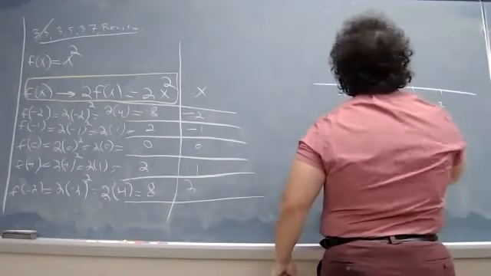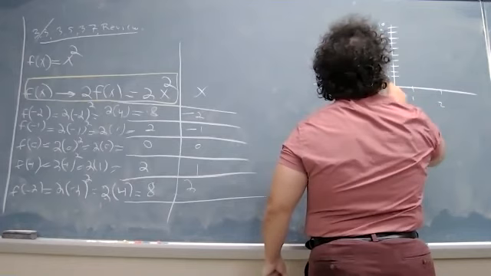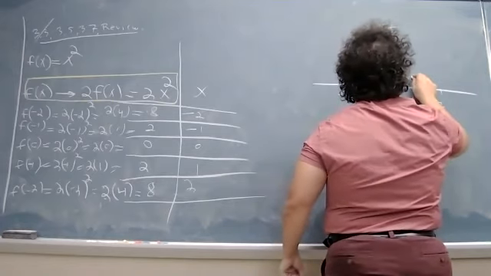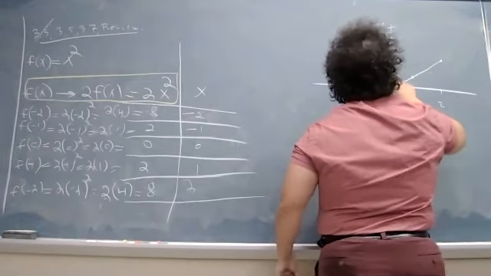Where our original was at -2, it produced a 4. At -1, it produced a 1. At 0, 0, 1, 1, 2, 4. So our parabola looked like this.